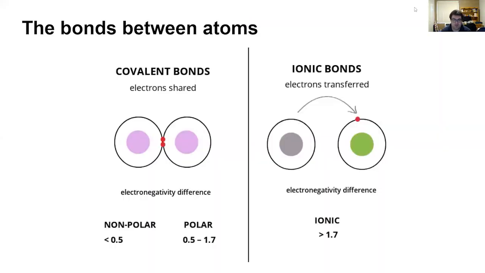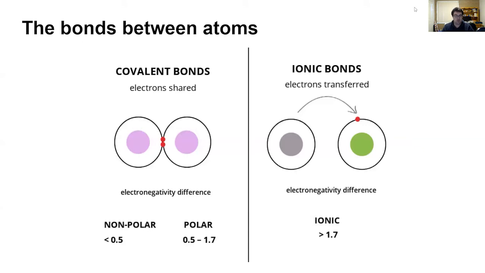Covalent bonding is when valence electrons are shared between atoms. There are two types of covalent bonds. When we think of a covalent bond, it's two electrons being held together between the atoms. A non-polar bond is where there's equal sharing, and that happens when you have a difference in electronegativity of less than 0.5 between the two atoms.